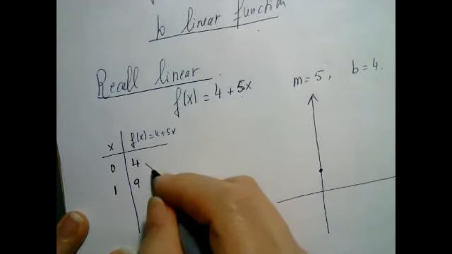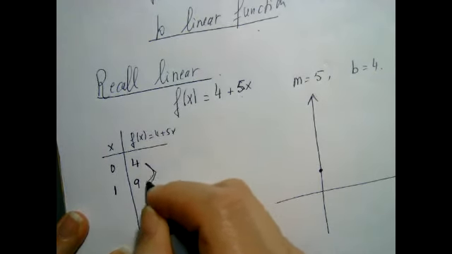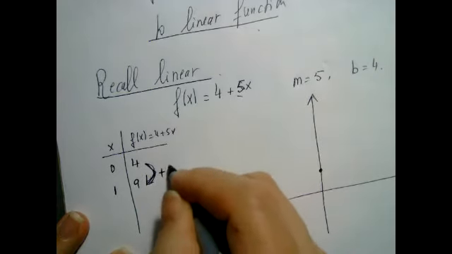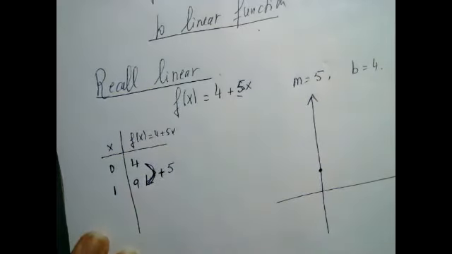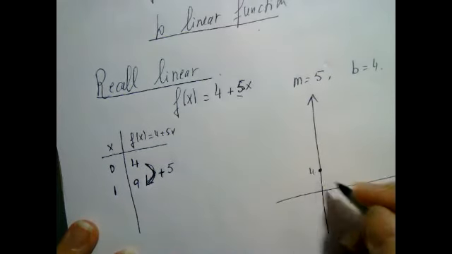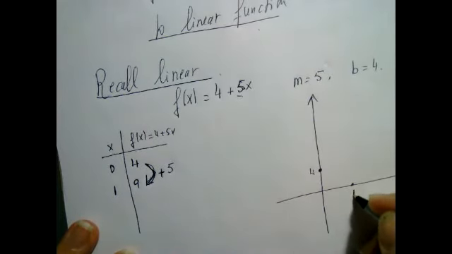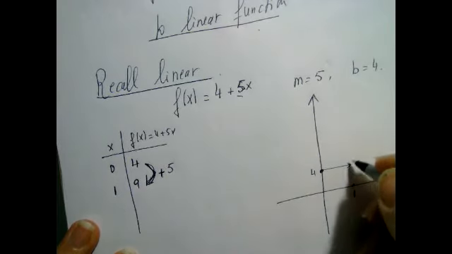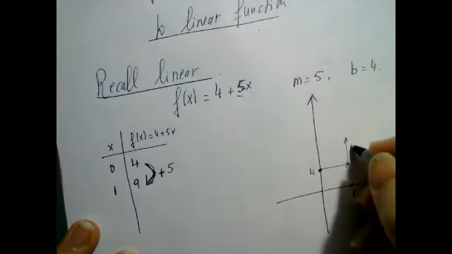After 1 unit, we add 5, which is the slope. So we start at 4, and after 1 unit we go up by 5.